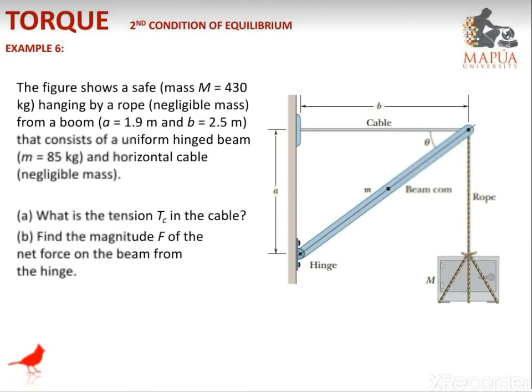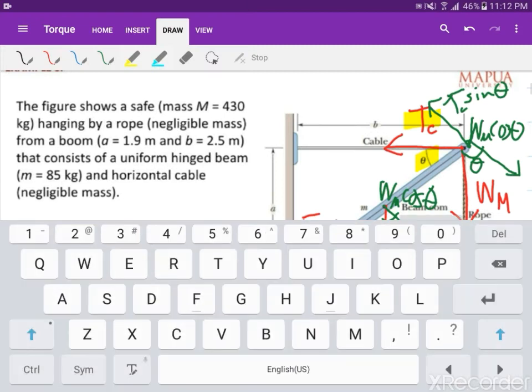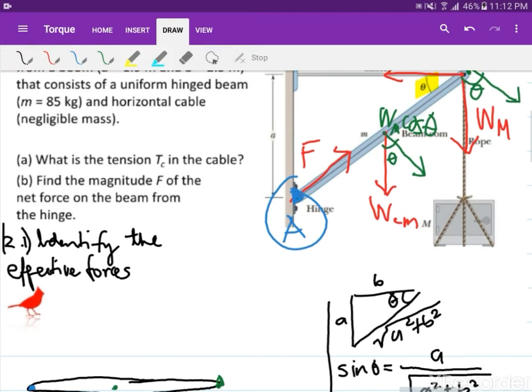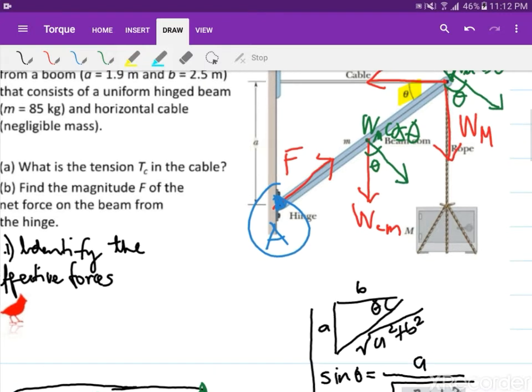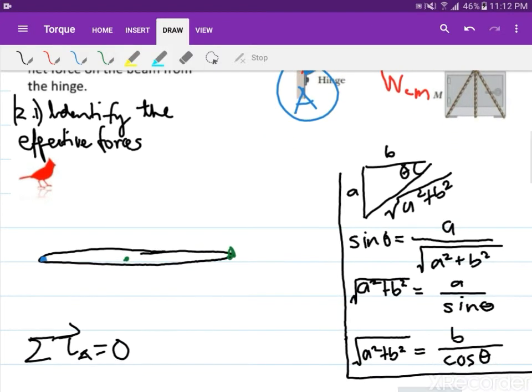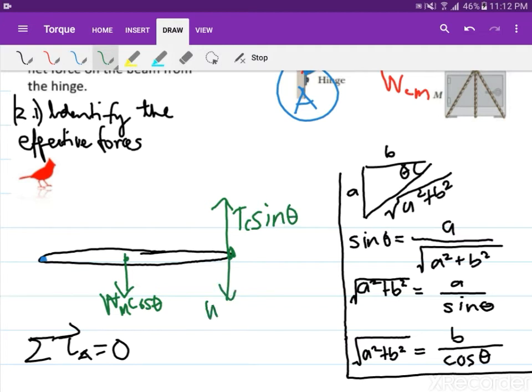Okay, so number 3, let's identify the torques about A. Let me draw just the effective forces. So this is W sub capital M cosine of theta. This is TC sine of theta, and this is W sub M cosine of theta.